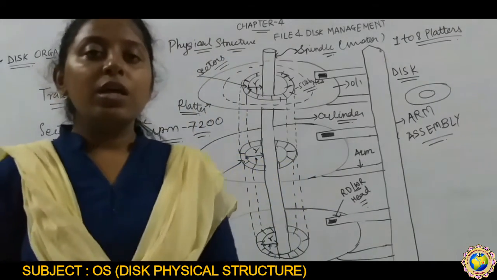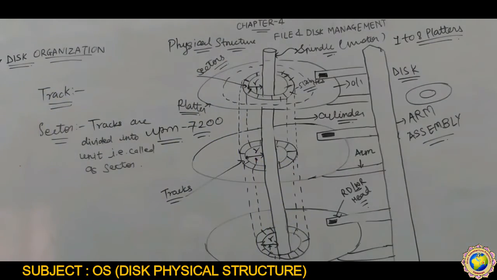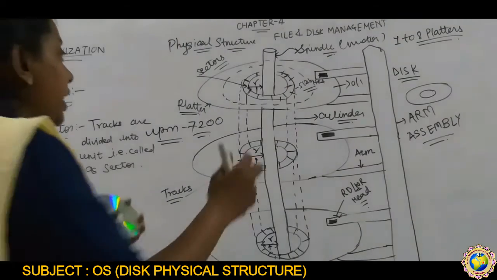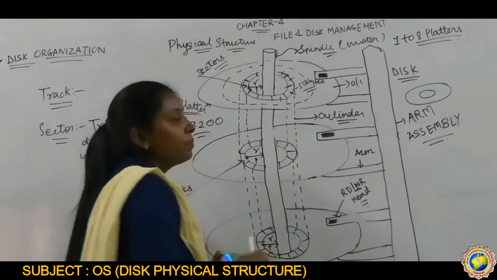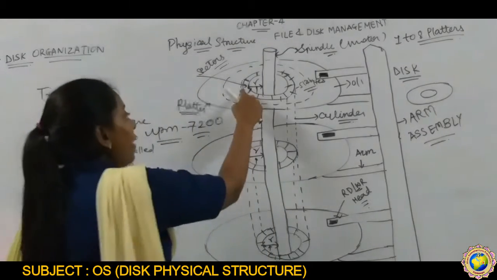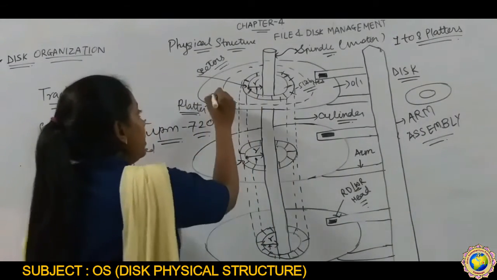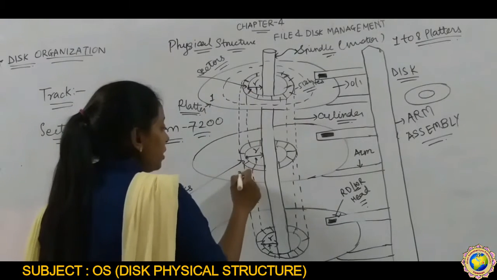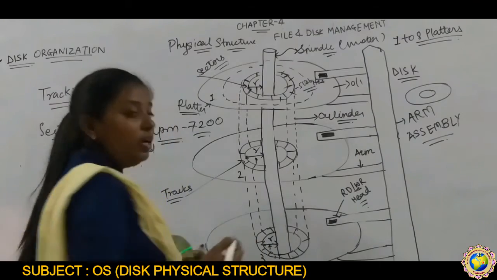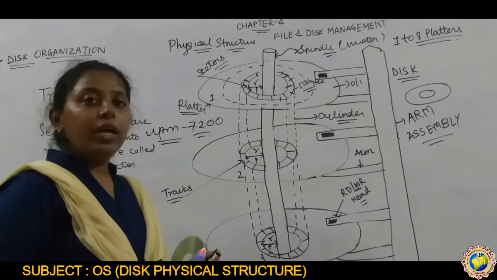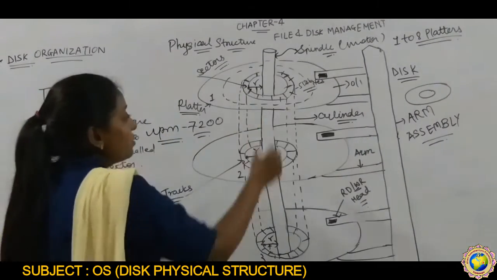And yes, each track is on a different platter. This track is on platter number 1, this track on platter number 2, and this track on platter number 3. That is called a cylinder.